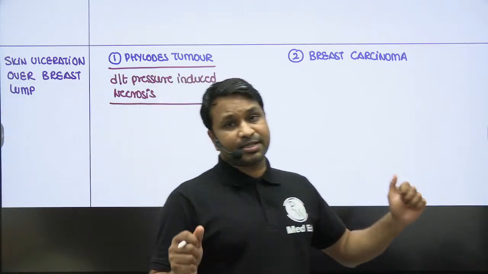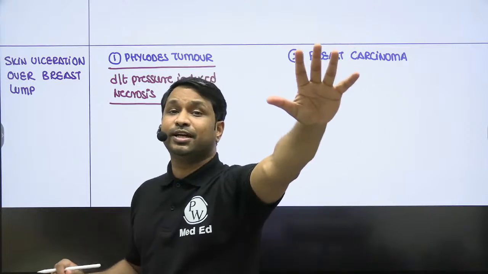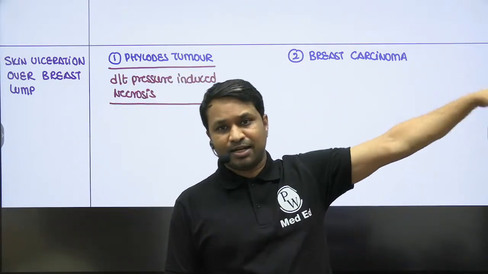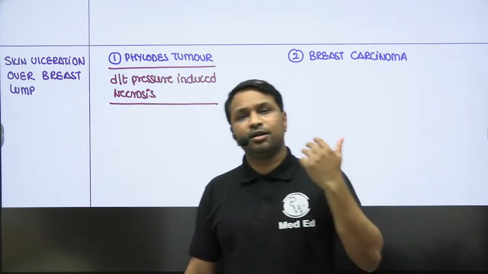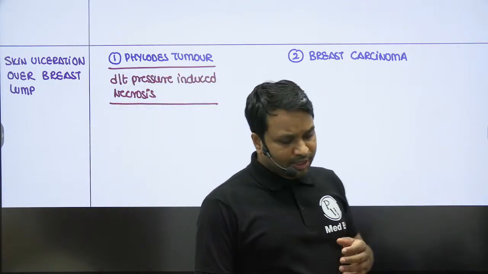As the pressure increases, the blood supply to that area of the skin decreases, resulting in hypoxia, and that hypoxia results in an ischemic status, and that ischemic status results in ulceration. So in a phyllodes tumor, it is pressure induced necrosis that results in ulceration.